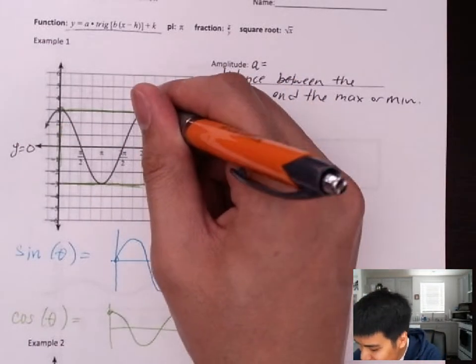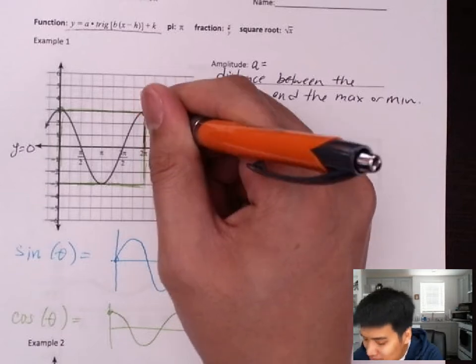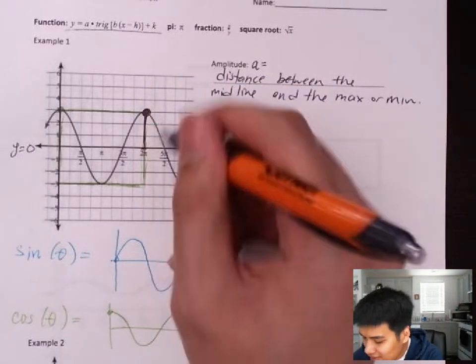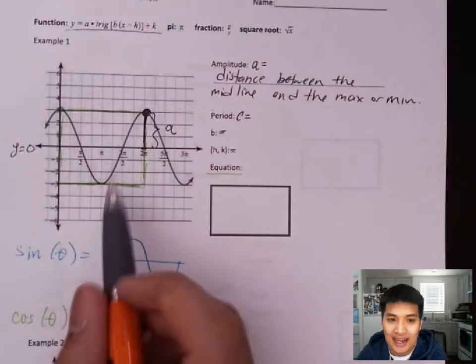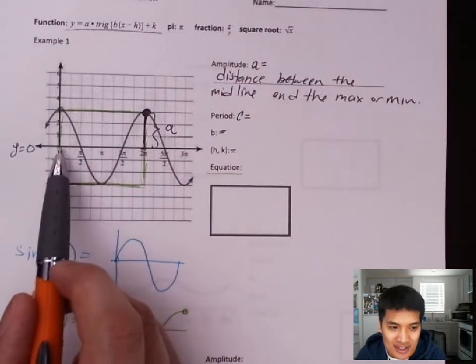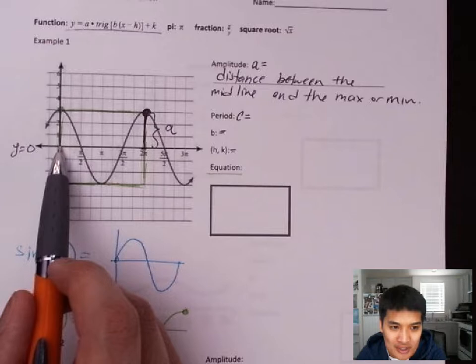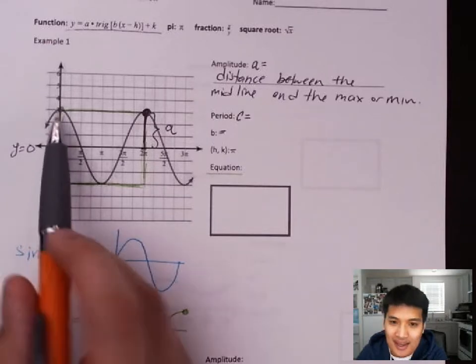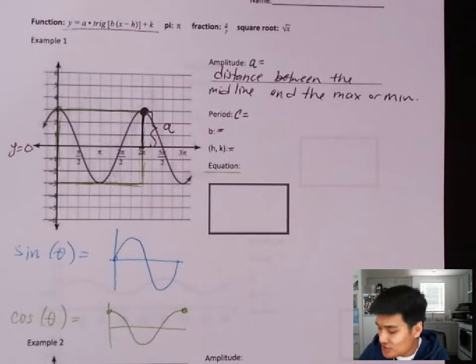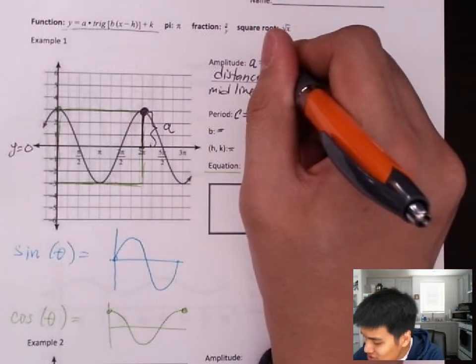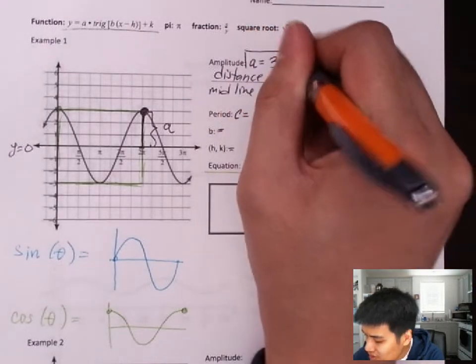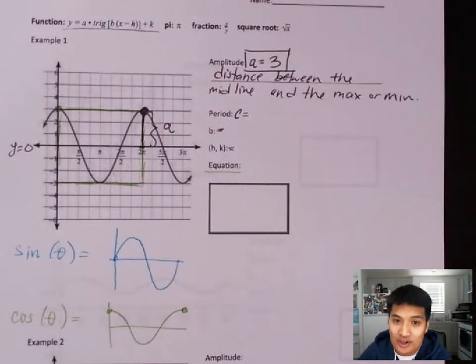This distance from the maximum value to this midline is represented as our a value. And if it starts at 0, the midline, 0, 1, 2, 3, that's going to be our amplitude. So in this case, a is going to be 3. Okay? So that's already one parameter down.